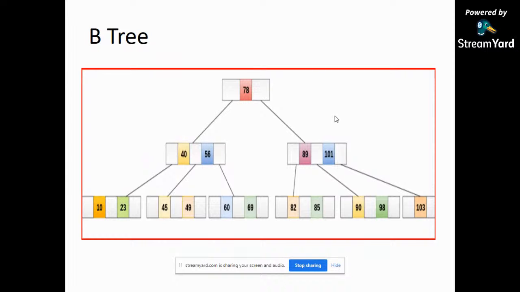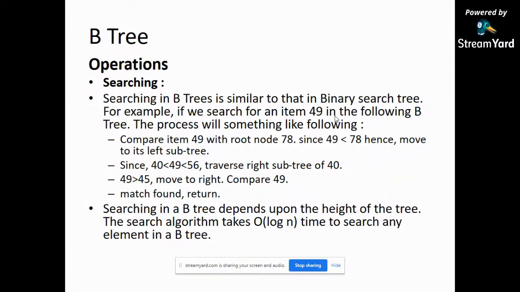If this is the tree and we want to search 49, first we'll see 78. 49 is less than 78, so we'll come to the left. 40 is less than 49, so we'll go to the right, that is 56. 49 is less than 56, so we'll go to the left, that is 45. 49 is greater than 45, so now we'll get 49. So in this way, similar to a BST, we are searching here.